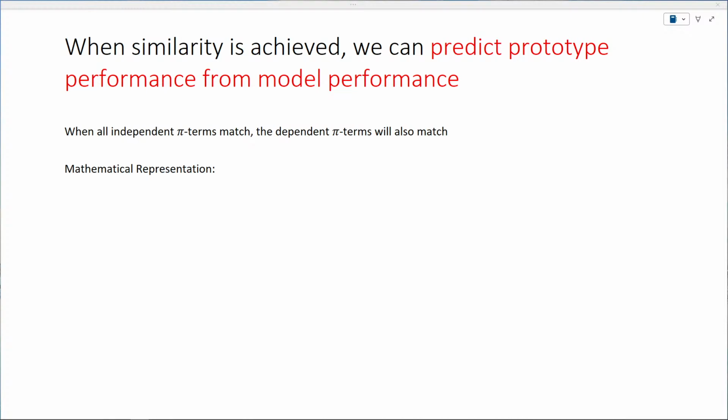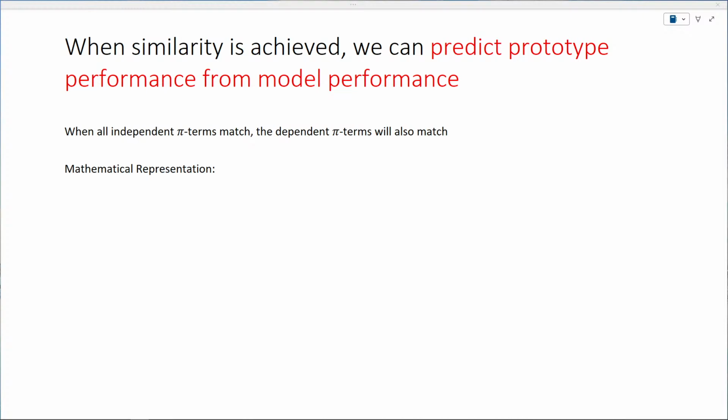Because when we ensure similarity between the model and the prototype, then the dimensionless parameters, like these pi terms derived from the governing equations, are identical for both systems, for the model and the prototype.